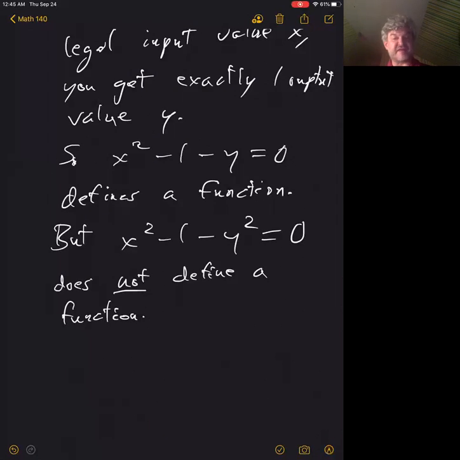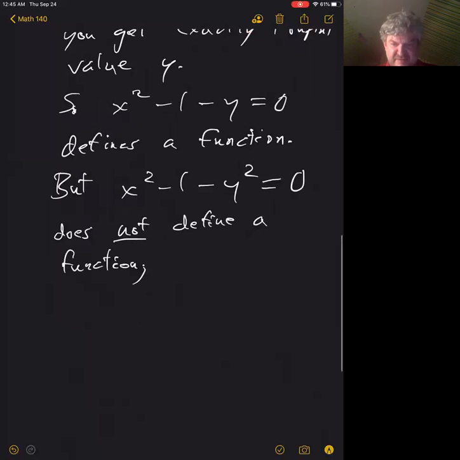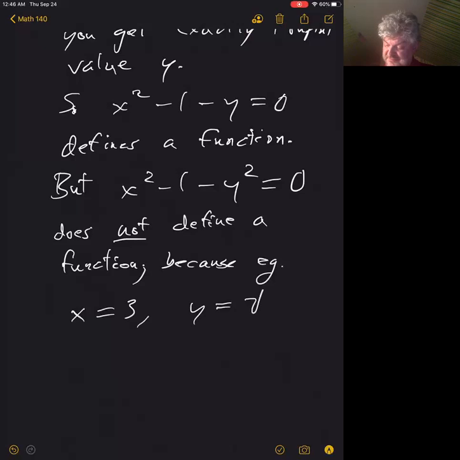A relation between x and y? Sure, yes. Any equation with x's and y's in them. But not a function. And if you want to drive that point home and nail this down, then we have to give an example. Let's do x equal to 3. So y could be the square root of 8. That makes that equation true.